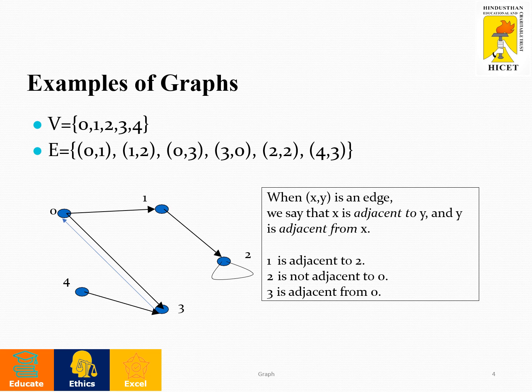So that is one edge. Then 1 comma 2. Then 0 comma 3. 3 comma 0. Here also you can see the blue line 3 comma 0 and 2 comma 2. This is called a self loop. A node or a vertex pointing to the same vertex, which is called a self loop, and 4 comma 3. This is all called as an edges.